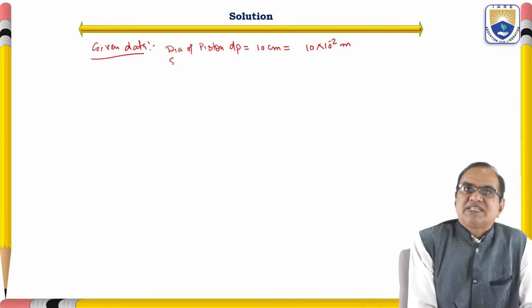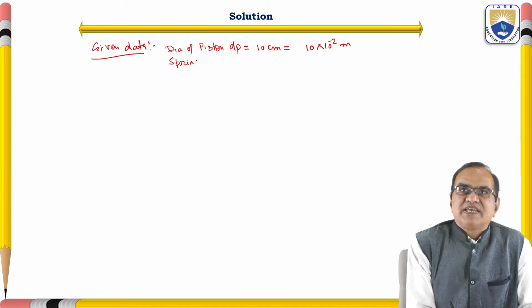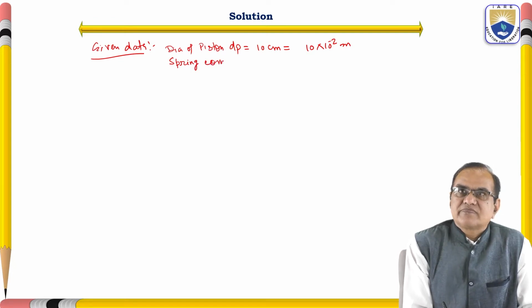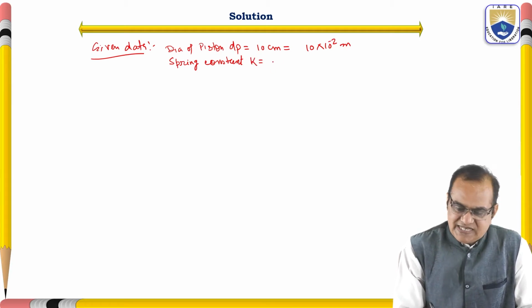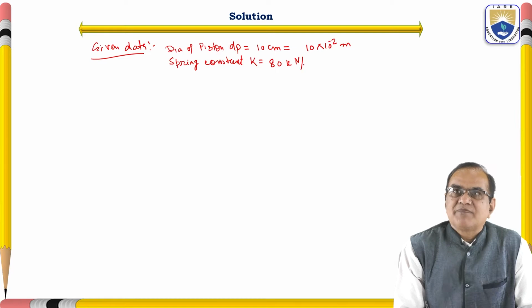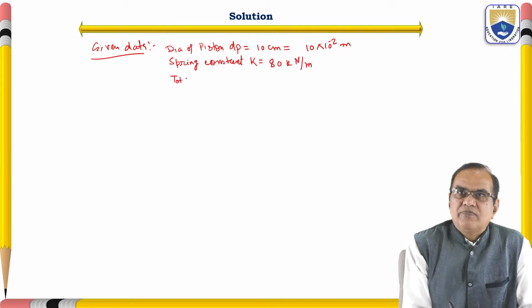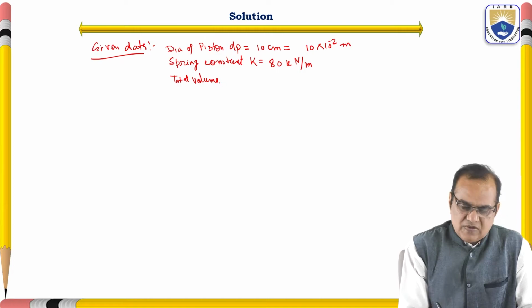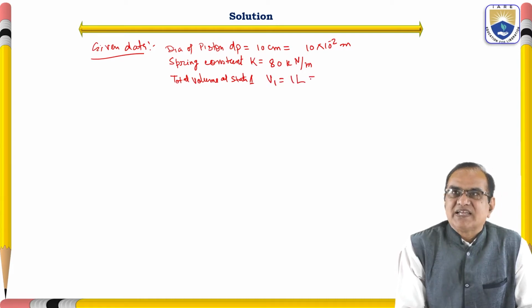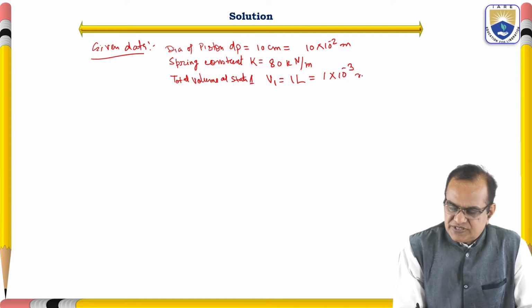Next, the spring constant K is given as 80 kilonewton per meter. The total volume at state 1, that is V1, is equal to 1 liter. This we have to make in meter cube.